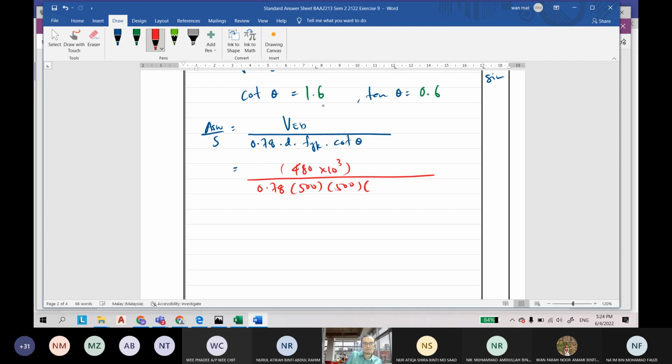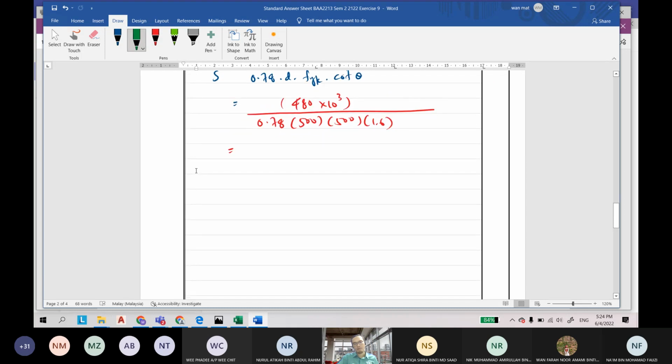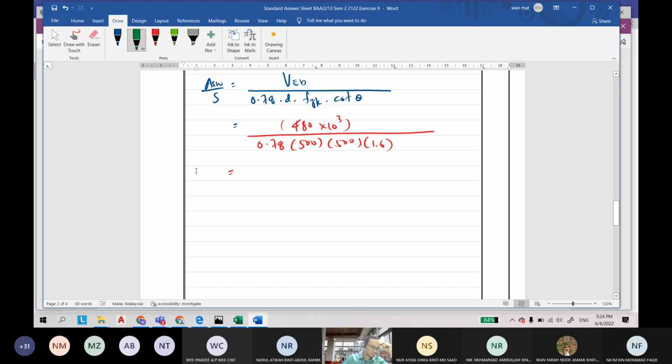Our cotangent theta is 1.6. So what is the value of ASW over S? 1.538. Sorry, 1.538. So 1.538, okay lah.